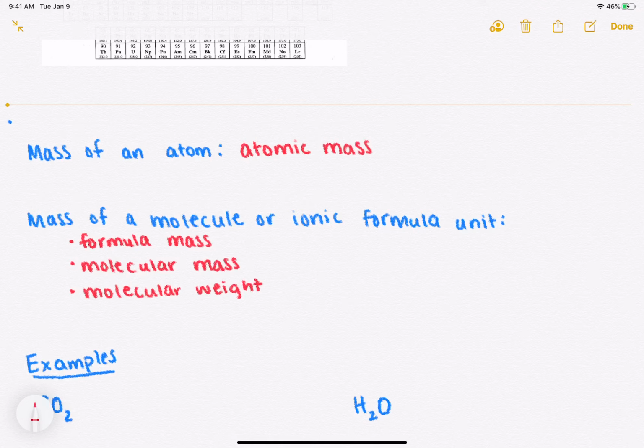For now, we're going to call it formula mass. And just like the atomic mass has units of AMU, atomic mass units, we're also going to use atomic mass units for our formula mass. Basically, what this does is it combines the masses of all of the atoms in that molecule to find the total mass of the molecule.